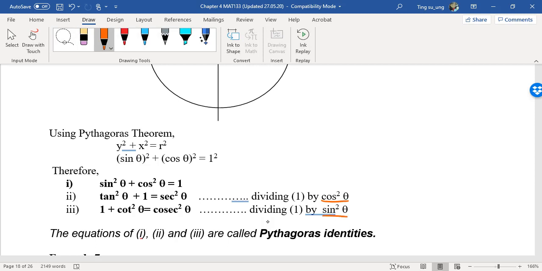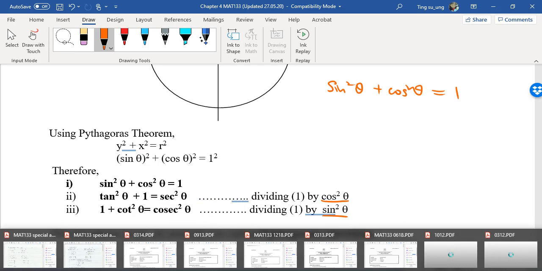Now let me share with you how things come in. You just need to remember this one: sine square plus cos square equal to 1. But basically you no need to remember it as well. Why? Because the formulas are already given to you.